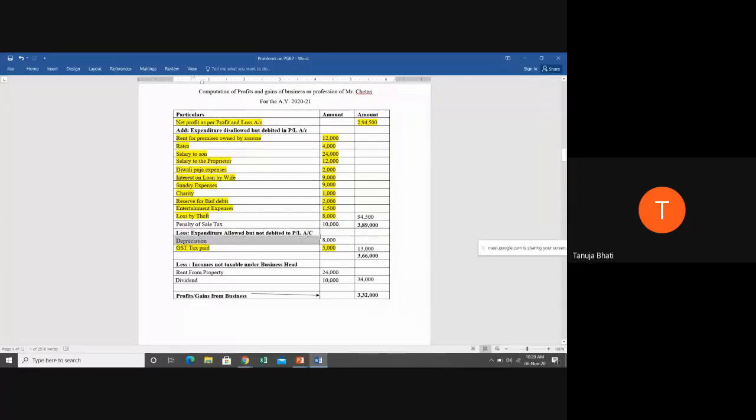Why are we taking it here? Simply because it is not being debited to the P&L account, which actually should have been debited, that is 13,000. So this becomes 4,02,000. Okay, next.